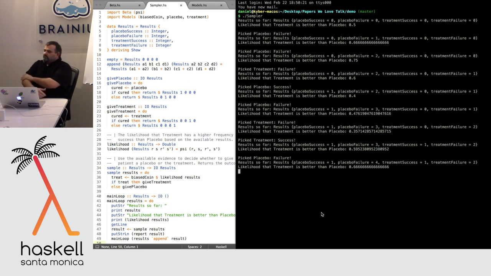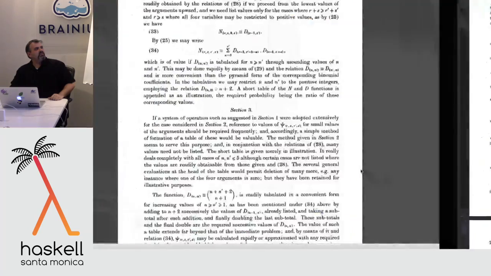I have a very bad intuition for probability, but it also seems very counterintuitive that the fact that a placebo didn't work would increase your confidence that the drug works. Right. So this is not a formal answer to that, but here's the important thing. We're not calculating the probability that the treatment works. So what are we calculating? Let's go back to the paper.